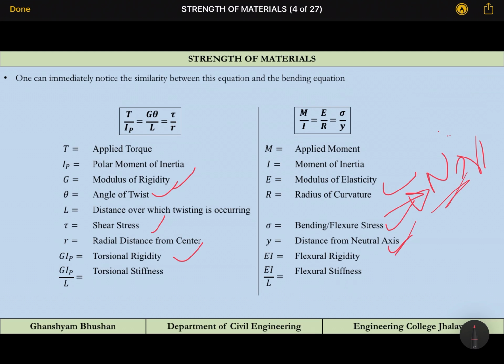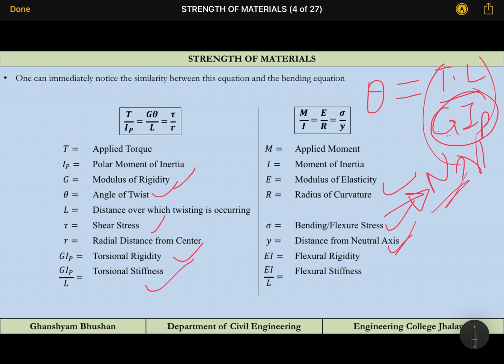And G into IP will give us the torsional rigidity. Why is it so? Because if you try to compute theta, it will be T into L divided by G into IP. Okay, so this term is coming into picture. This is the torsional rigidity, and if you divide it by L, it will give us the torsional stiffness.